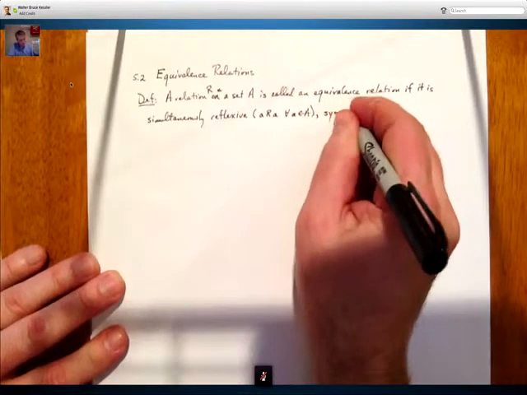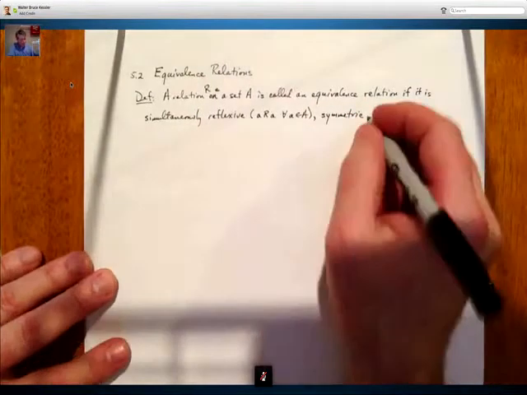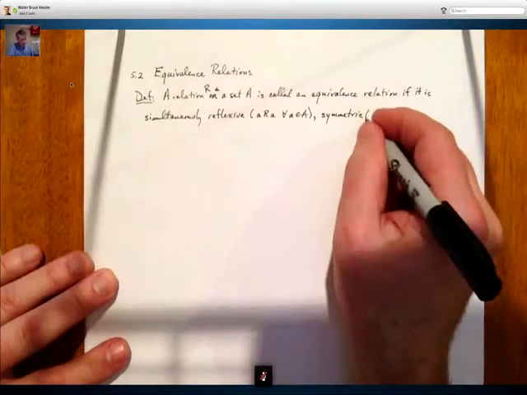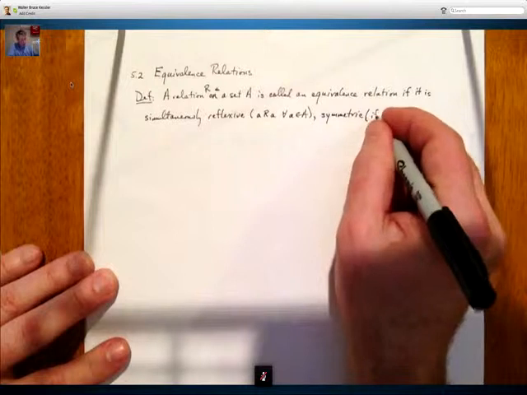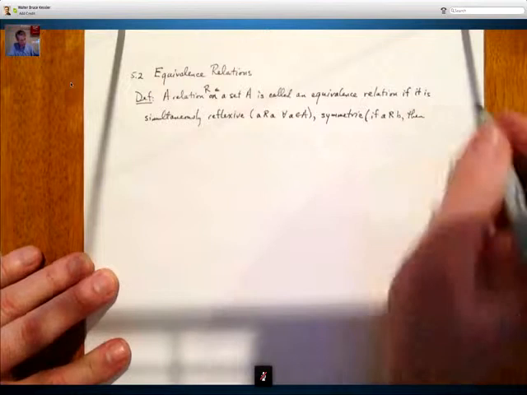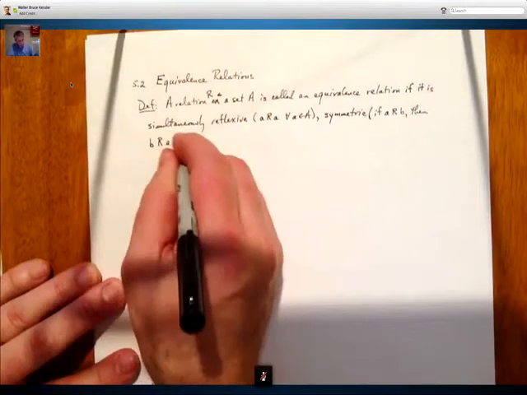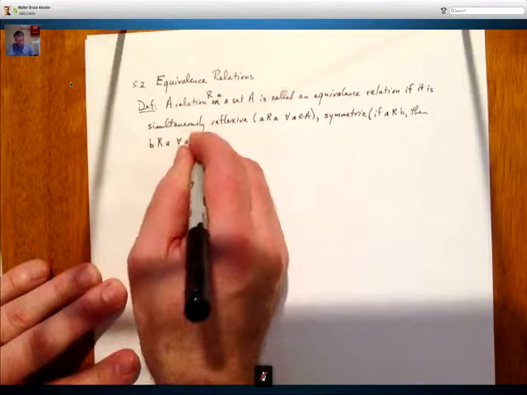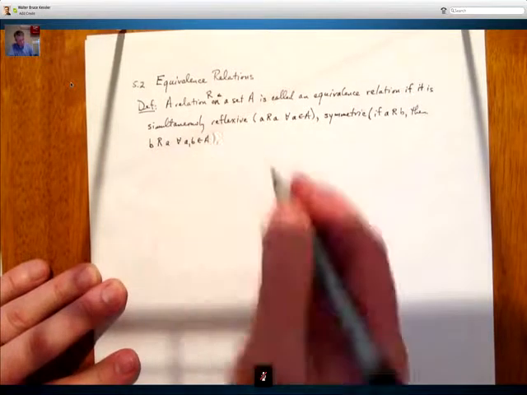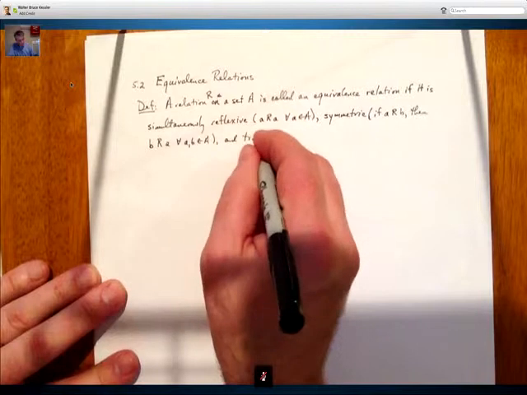Symmetric. Okay, and remember what we mean by this. This means that if A is related to B, then B is related to A for all A, B in the set A. And transitive.